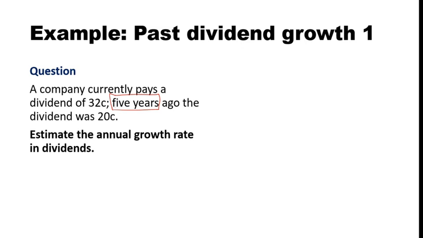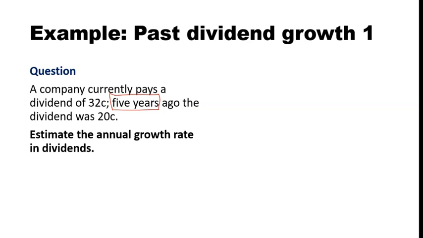Now, in this particular example, since the growth is assumed to be constant, the growth rate g can be assumed to have been the same in each of the 5 years. So the 20 cents will have become 32 cents after 5 years of constant growth. That's the assumption.